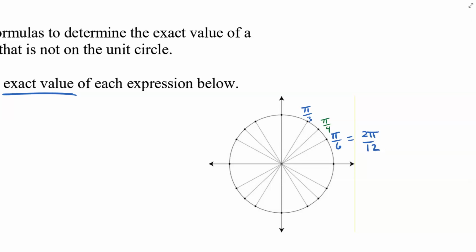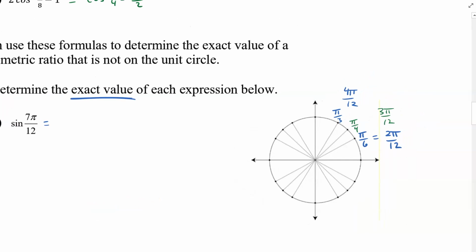Pi over 4, I need to multiply by 3, so that's 3 pi over 12. And pi over 3 is 4 pi over 12. So which ones could we add together to get 7 pi over 12? This one's pretty straightforward. If we add together 3 pi over 12 plus 4 pi over 12, we get 7 pi over 12.